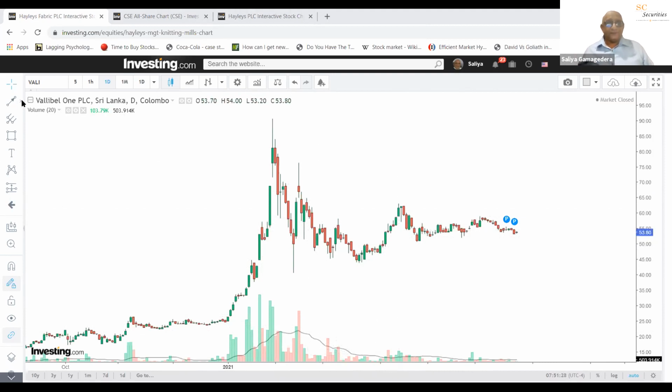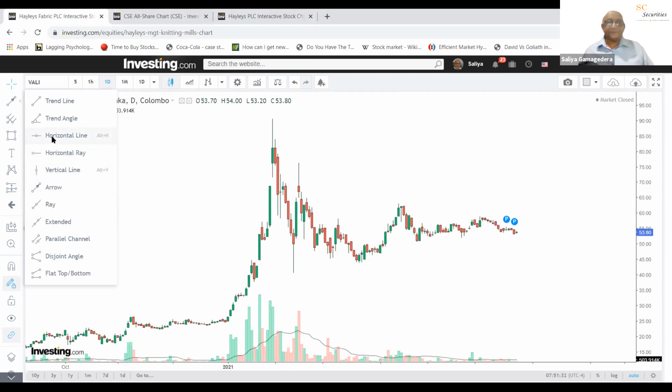So first of all, as I mentioned, I'm going to draw the horizontal lines, right? Remember, whether it's a horizontal line or a diagonal line, the best case scenario, ideally, you need to connect 2 points. If you can see 2 points in the horizontal line drawing, it will be very important.